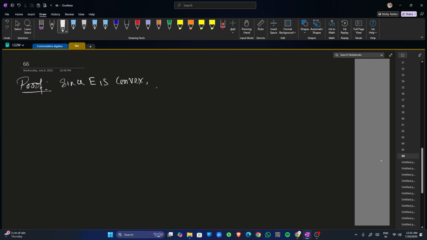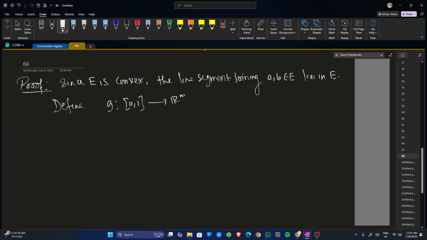Since E is convex, the line segment joining a, b lies in E. Define g: t goes to f of (1 minus t) a plus t b, for t in 0 to 1.